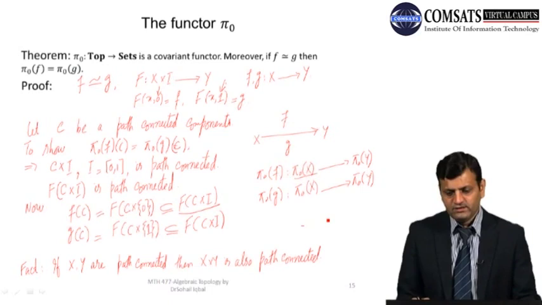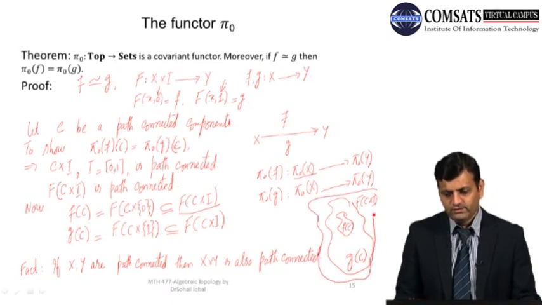So if they are contained in the same path connected set, let's say this is F of C cross I, and let's say this is f of C, and this is g of C. Now this F of C cross I, which is path connected, is contained in a unique path connected component.